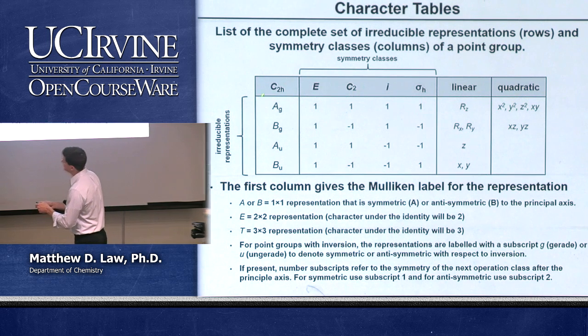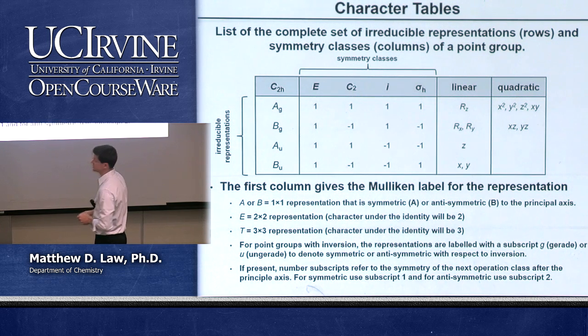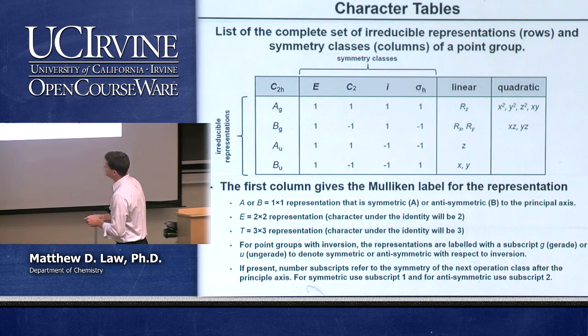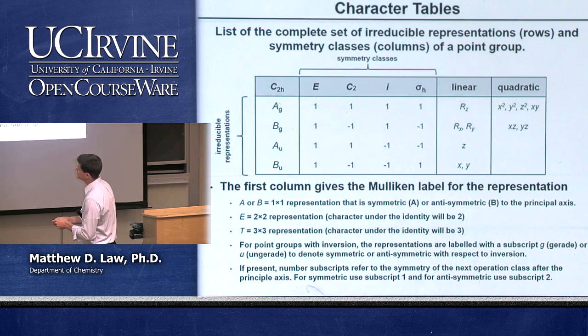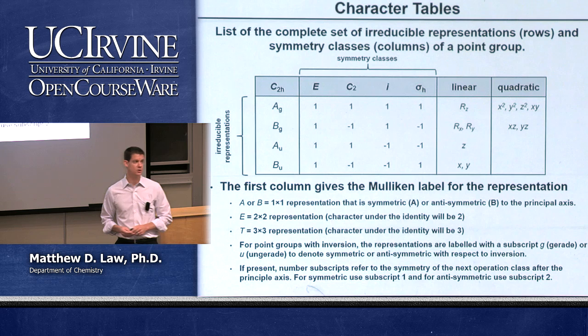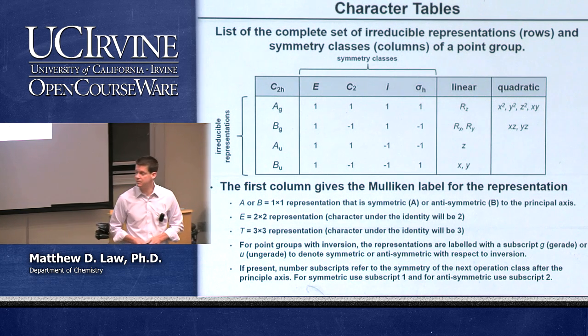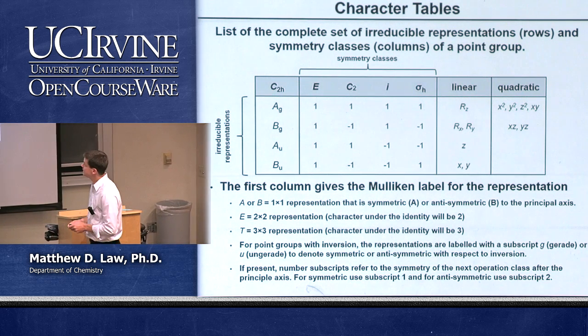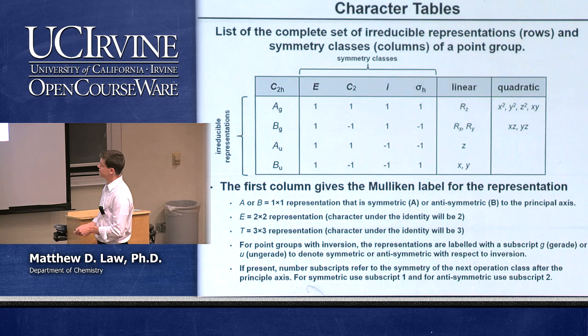Let's start by understanding this notation over here and what this tells us about the characters. These are the irreducible representations, and they're given a label that tells their symmetry. The label is called the Mulliken label for the representation. If you see A or B, and in this case we see only A or B, this tells you you have a 1-by-1 representation.